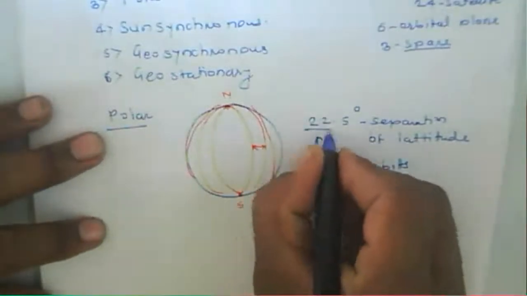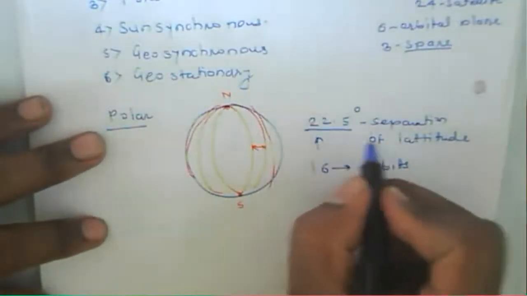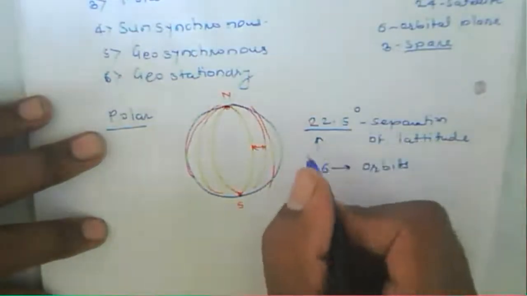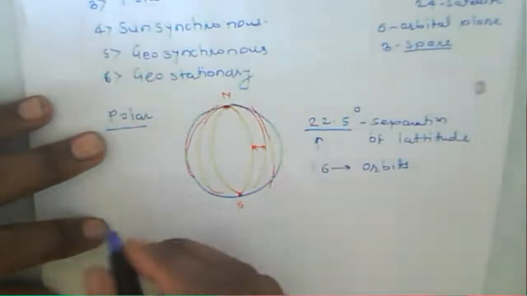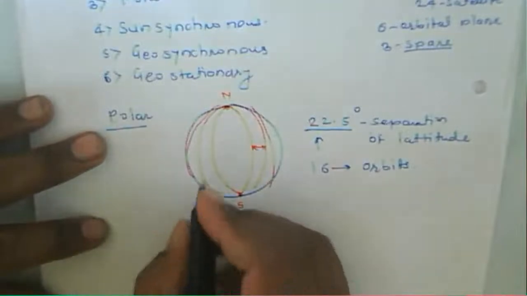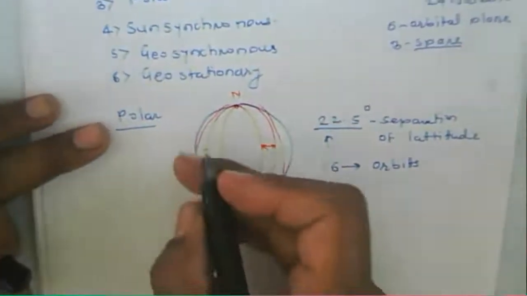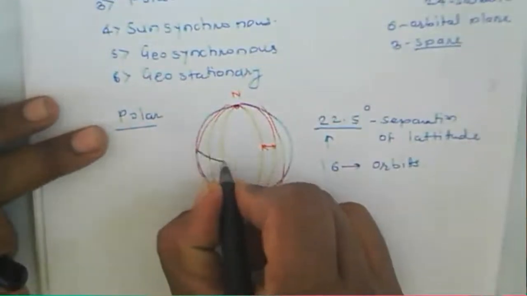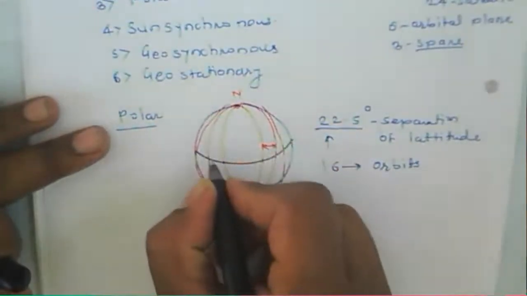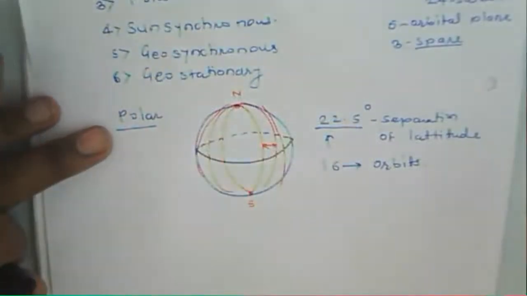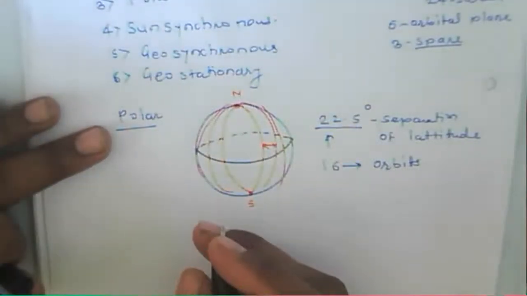Now, here we say the separation in terms of latitude, and if you calculate the geographical separation on the equator, this one is our equator.